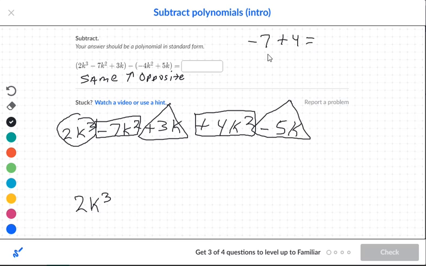What this means is this negative 7 means that I owe you $7. I should pay you exactly $7 back. But what I paid you is only 4. So in this case, I need to pay you $3. Since I need to pay you $3, that's a negative 3. So again, I owe you 7, I pay you 4, I need to pay you 3. So this is going to be a negative 3k to the second.